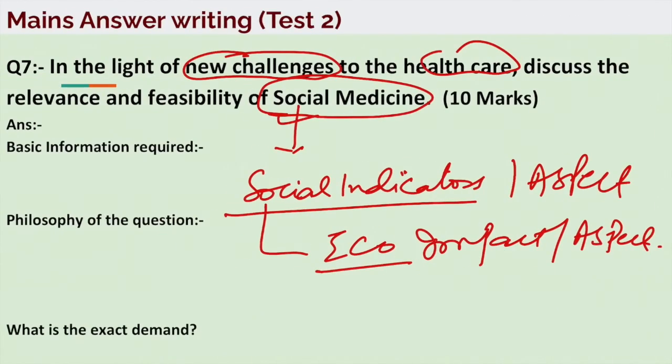To address such new healthcare problems, we can say that in this context social medicine has feasibility because of its understanding of individual needs and family needs, rather than just a professional relation between the doctor and the patient.